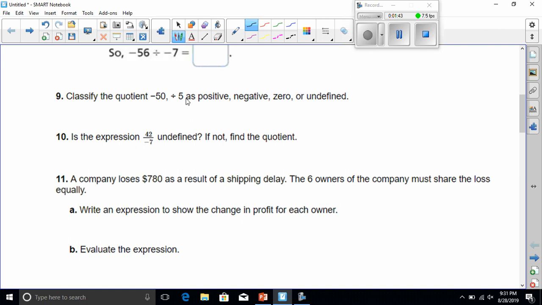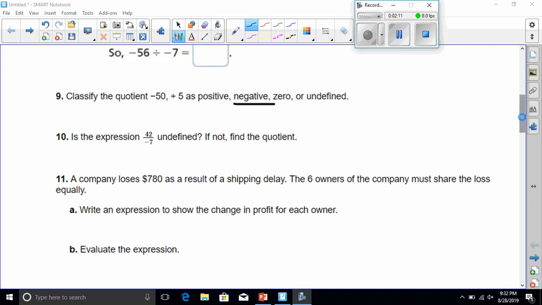Well, 50 divided by 5 is going to be 10, no doubt, but what they're asking is, will it be positive, negative, or 0? A negative number divided by a positive number is always going to equal a negative number, because it will take negative 10 times 5 to equal negative 50.